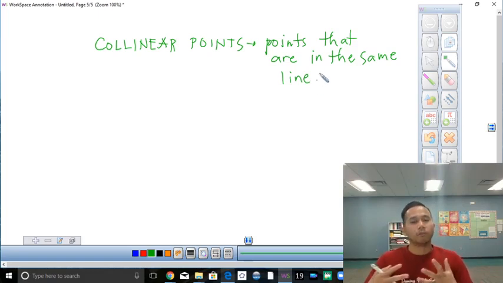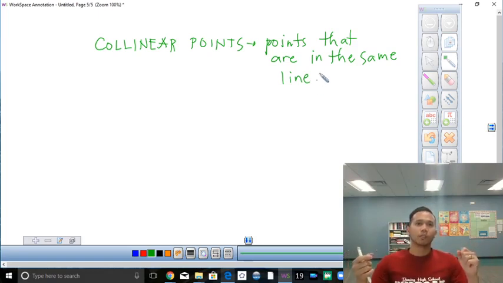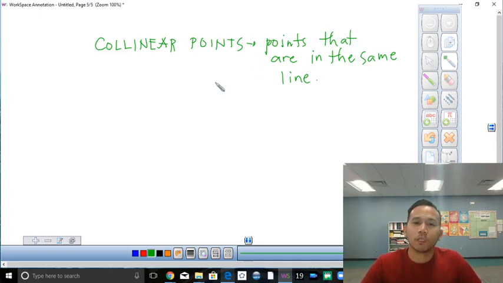I just want to give emphasis to this. As I said a while ago, 2 points can determine a line. So when we say collinear, it's 2 or more points, okay? 3 or more points that are on the same line are collinear points.